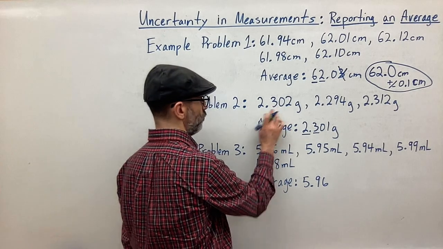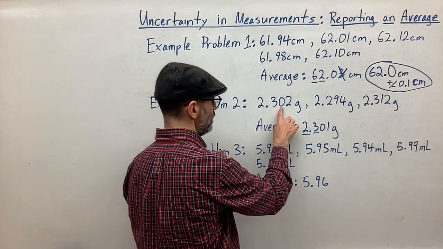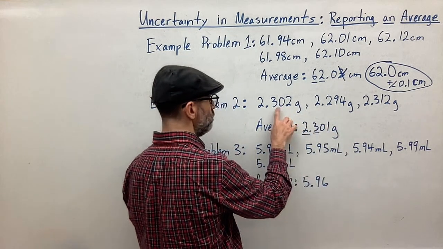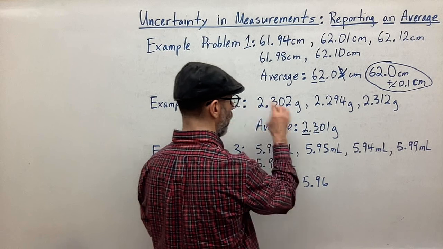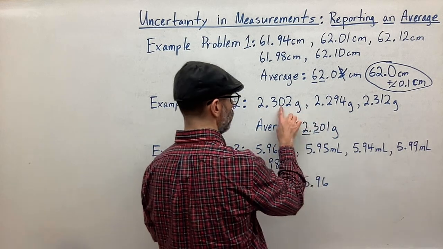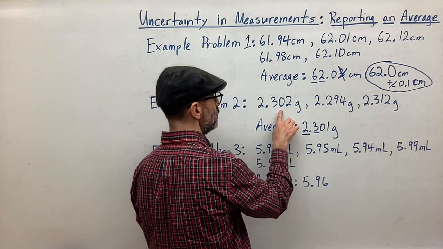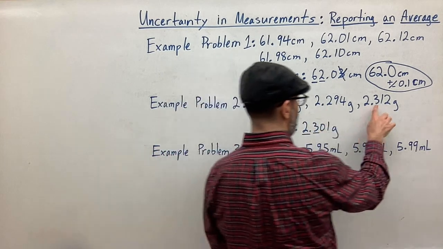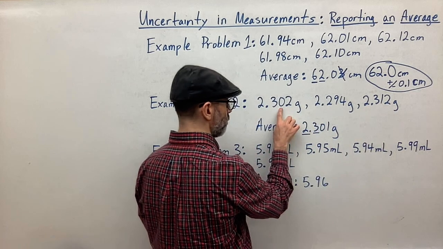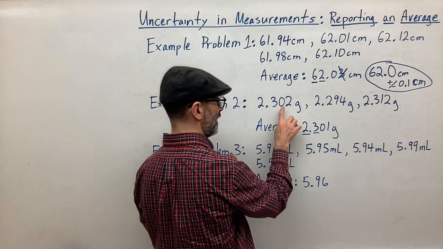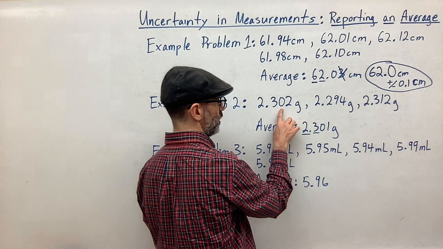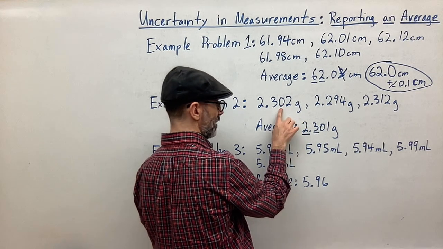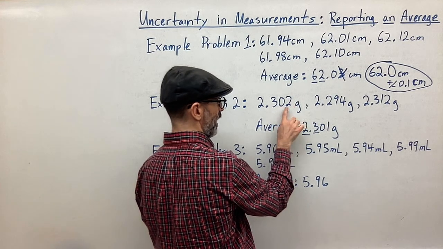And you can also see that this digit here fluctuates within 0.1, right? So I have 0. If I take away 1, I get 2, 9. If I add 1, I get 3, 1. So I'm plus or minus 1 in this digit here in my fluctuation. And so therefore, I can take that as my uncertain digit and drop that one.